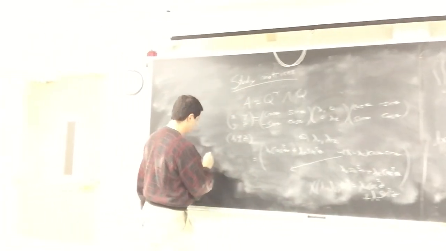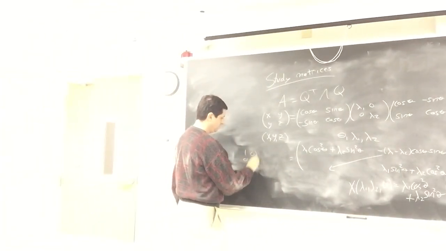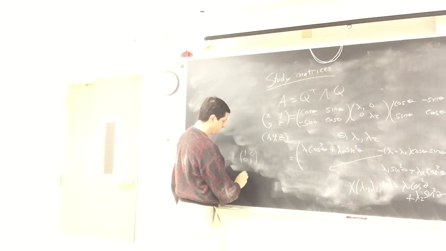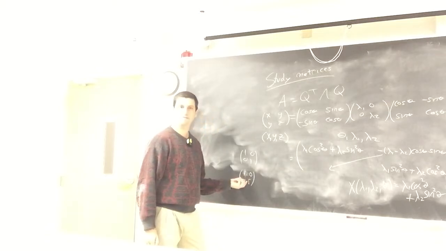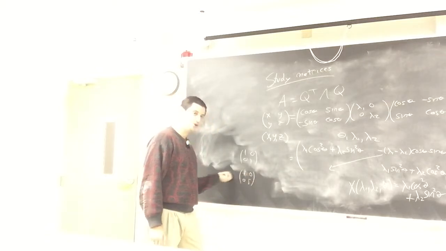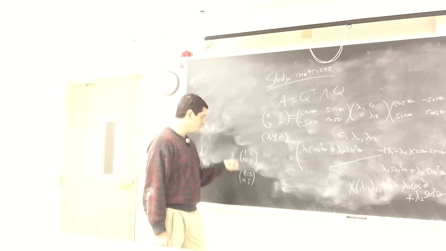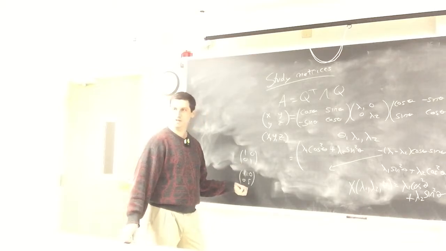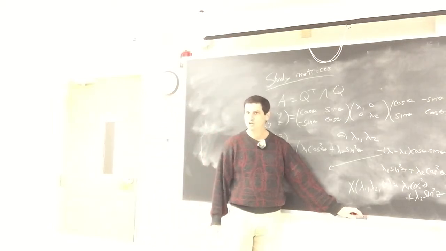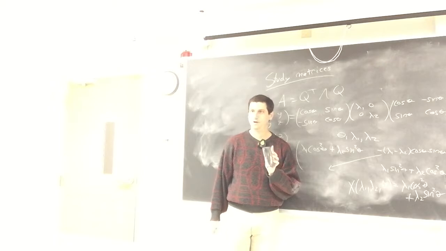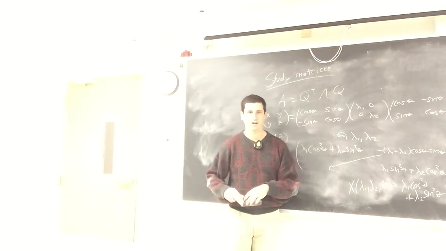If we have the identity matrix and we multiply one of the rows by 5, how much has the determinant changed by? By 5. You can pull out a constant from a row. If I multiplied the entire matrix by 5, then it would be 5 squared because it's a 2 by 2 matrix. But if I multiply just one row by 5, I just changed the determinant by 5.